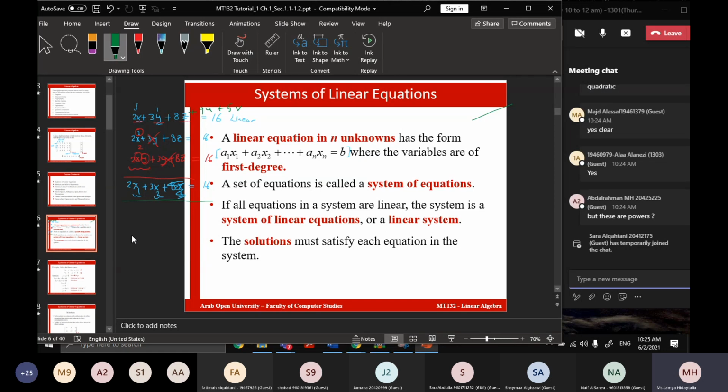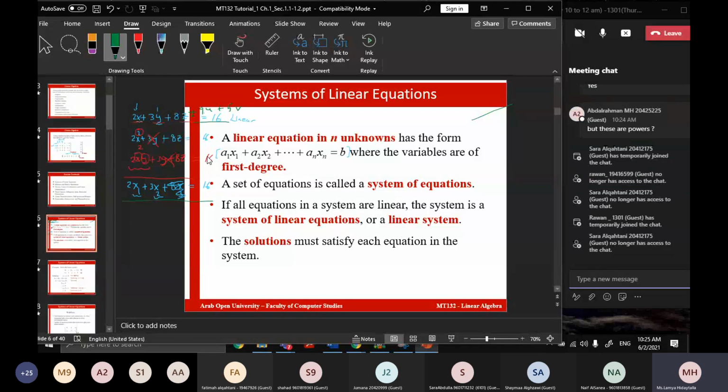What are powers? There are no powers. Where is the power? Power 1. This is not a power here, but I couldn't write it on the same line because there is no space. It is 2x plus 3y plus 8z plus 9u plus 5v. You got it? Clear?